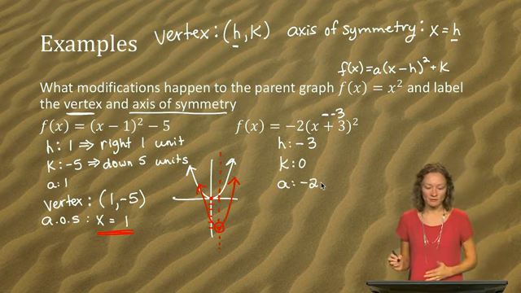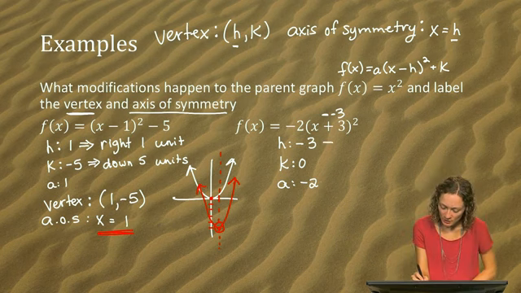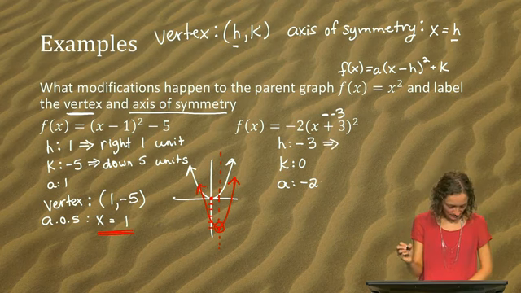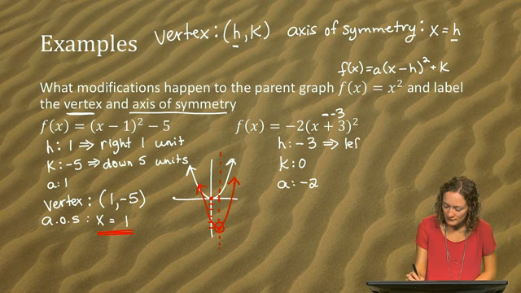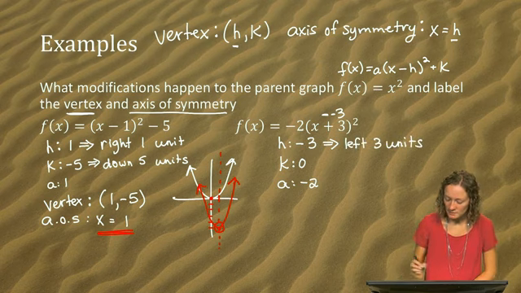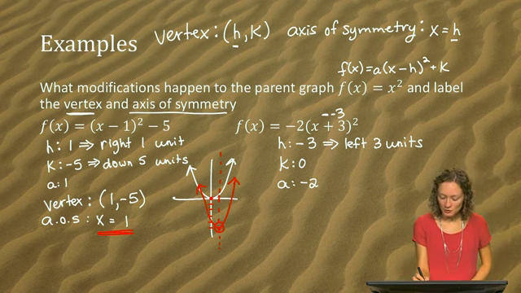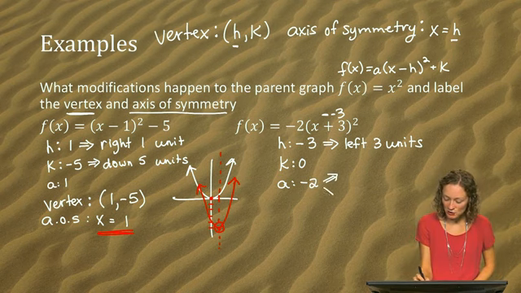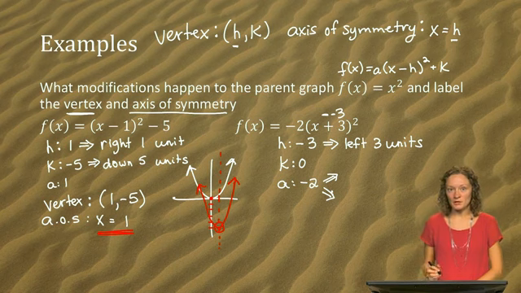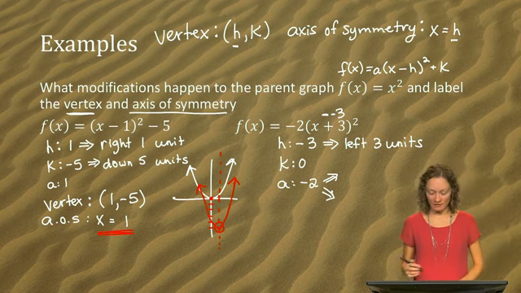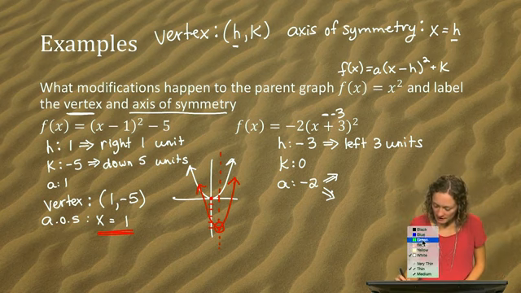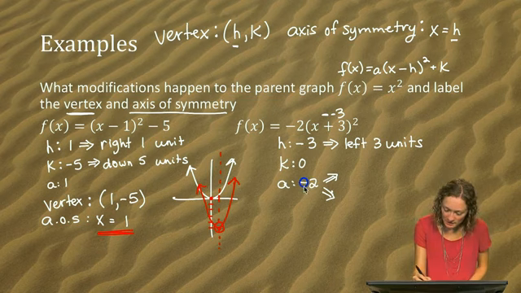So then we'll say what kind of modifications these cause. Your H value being -3 causes it to move to the left 3 units. And your A value of -2 causes 2 changes. Remember, there's 2 potential changes with the A value. So the negative causes 1 change.